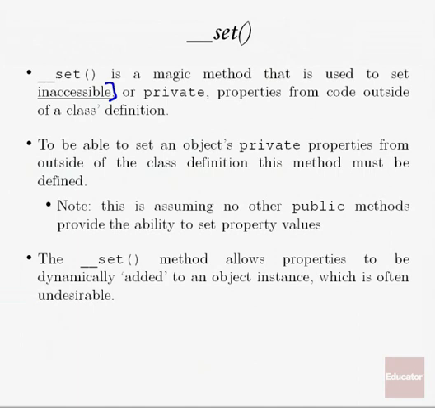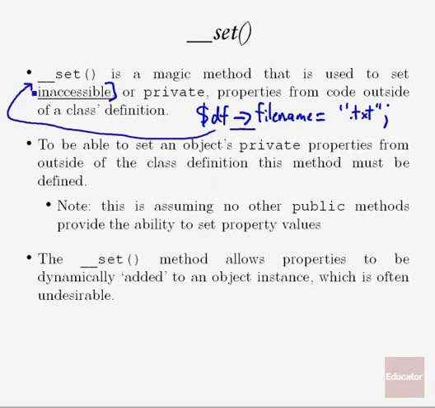Basically you define the set method, and it works the same way as anytime you try to set a property using the accessor syntax, for example, equals .txt, which is the name of the file. If filename is private, anytime PHP sees this accessor syntax going on, because it's a private variable, it's going to invoke this set magic method.